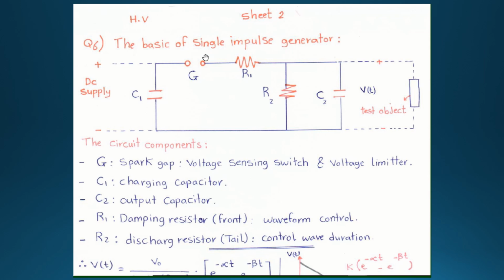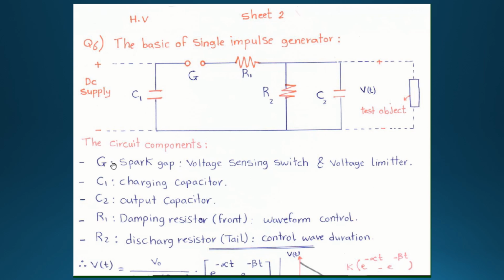It senses whether the capacitor is getting charged or not. Once the capacitor C1 is charged completely, the spark gap G conducts and provides the discharging path. So that is the duty of the spark gap, and I gave you a short definition you can relate it to.